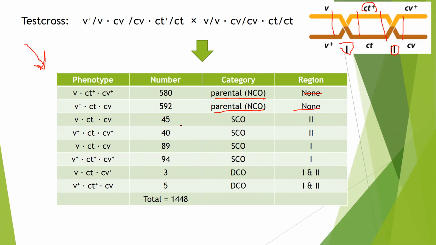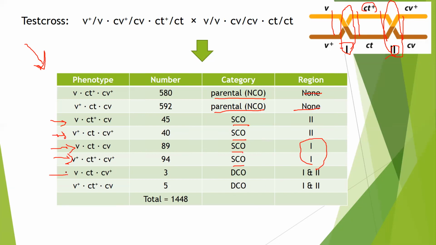When we look at these 2 categories, this represents a single crossover, but in region 2. Now if you look at these 2 categories here, this represents a single crossover as well, but in a different region, region 1. So a single crossover in region 1 will produce this kind of progeny.